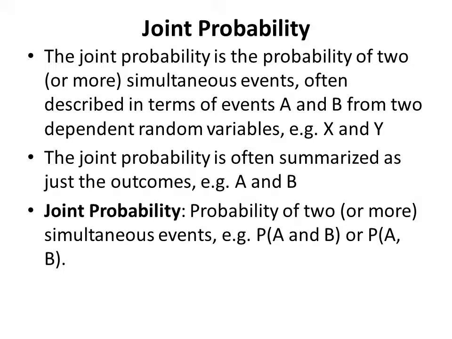Example: P of A and B, that is probability of A and B, or probability of A comma B.